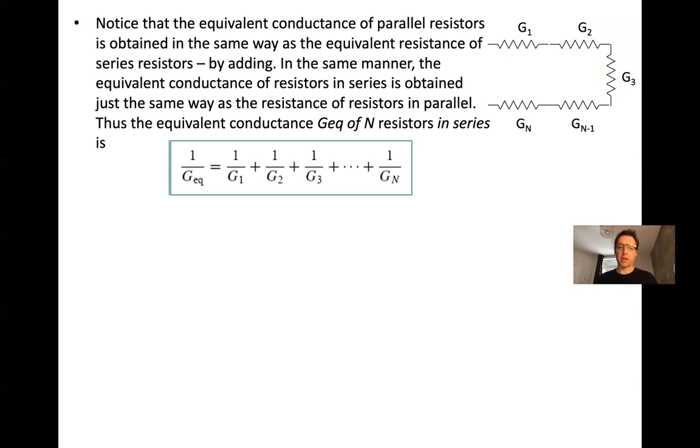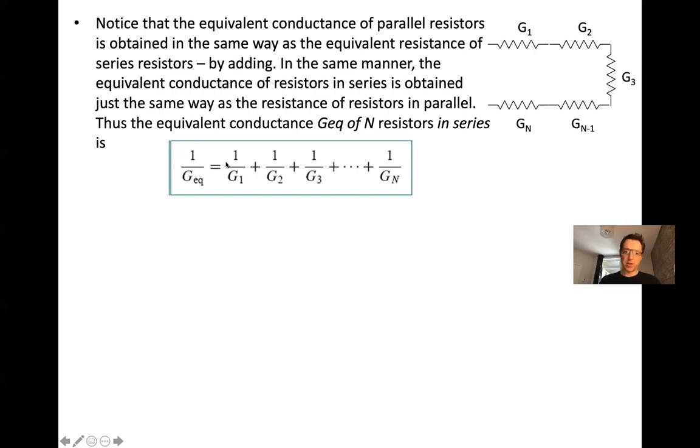And we write them, instead of R's, with G's. So resistor 1 is labeled with its conductance G1 and so forth. And so what is the GEQ here? What is the equivalent conductance of this series combination of resistors?